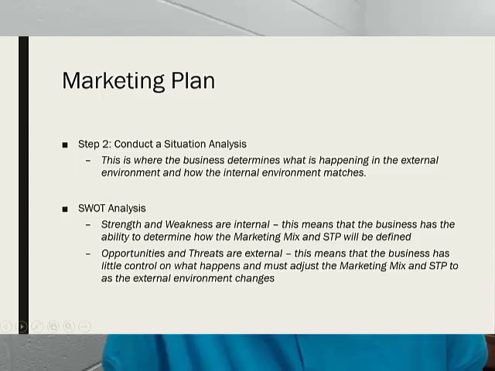This means that the business has the ability to determine the marketing mix and how the STP will be defined. Opportunities and threats are external. This means that the business has little control on what happens and must adjust the marketing mix and the STP as the external environment changes.